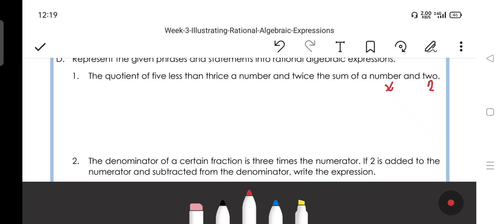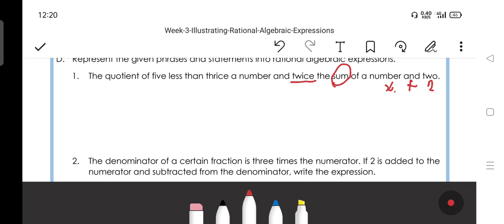So what are we supposed to do with the number and 2? It says that we're going to get the sum of a number x and 2. That means we are going to add x and 2. Going further backward, next is twice.